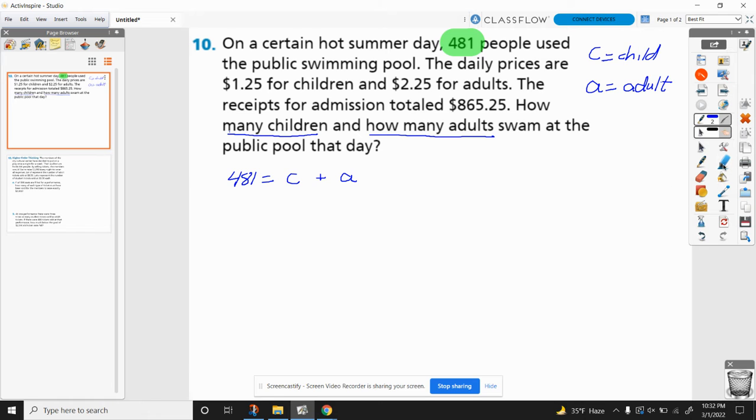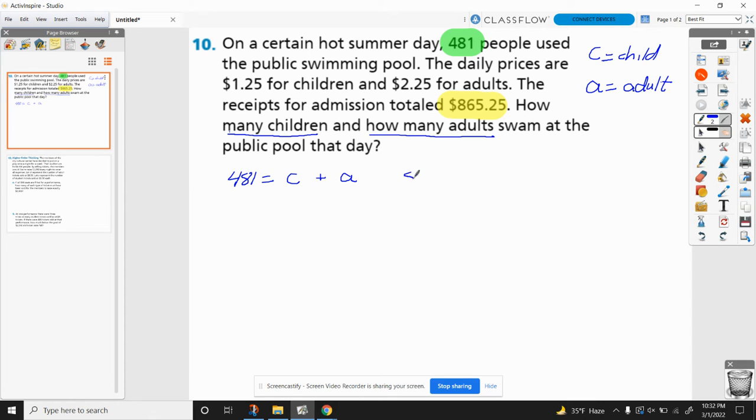So then the second total that I'm looking for is going to be money. I have a total of money of $865.25. That's how much people paid to get in. So let's put that over here.